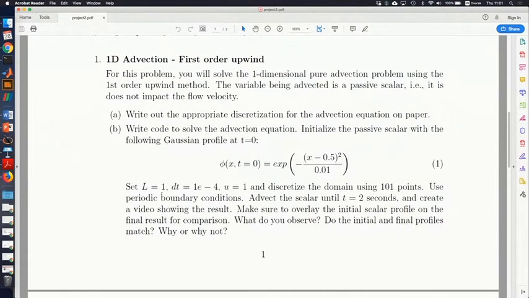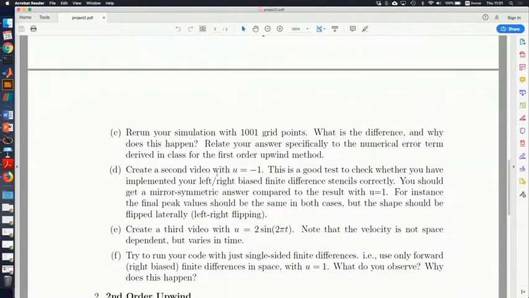Yes, and the other question was, you're told to use negative velocity at some point, and for that, the stencil biasing will change direction. If you're using right biased or left biased, now it'll be right biased. Okay.